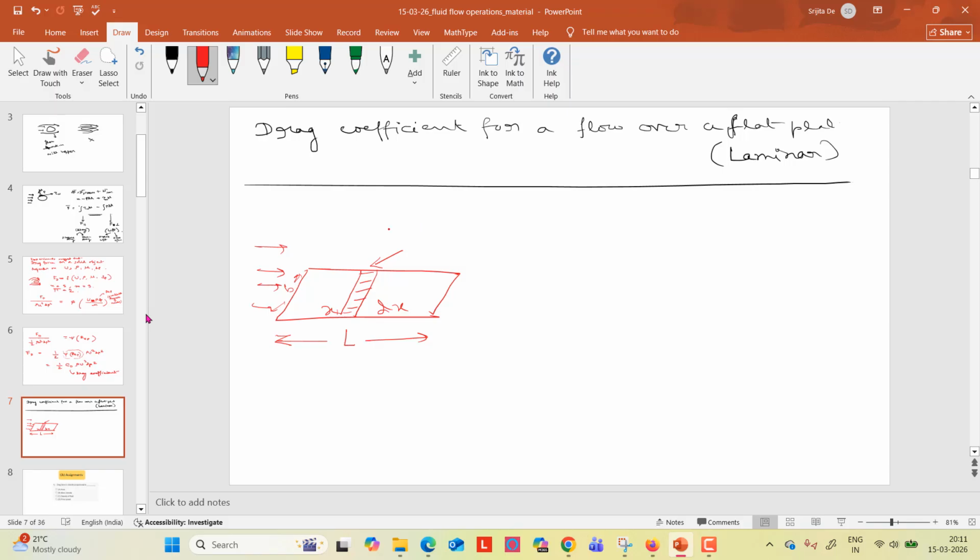So it will be tau w, this is the shear stress part, times b dx, right? So we are considering laminar flow regime, right?